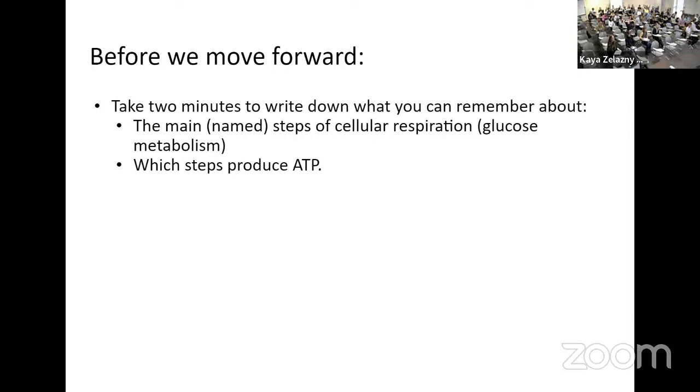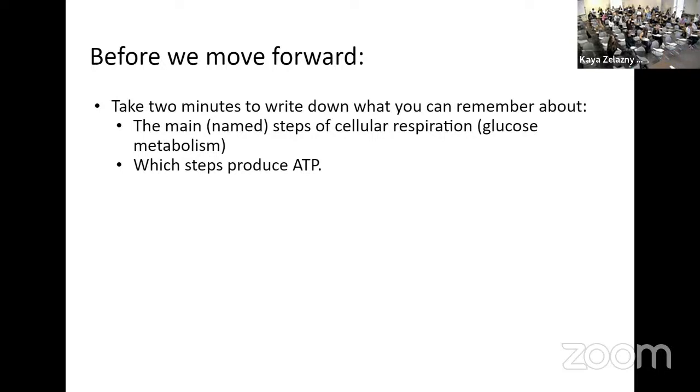We want to really focus on which steps produce energy, produce ATP, and how much, like a lot, little, things like that. We're also going to be thinking about our electron carriers and why they exist, how they work on a kind of overview level.